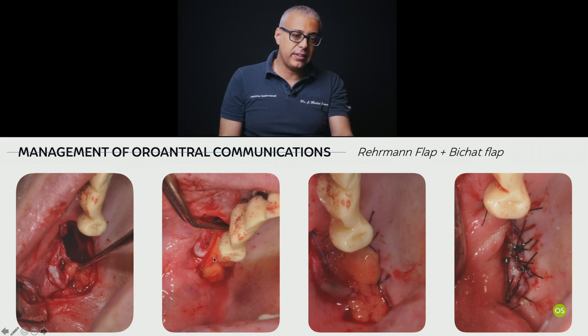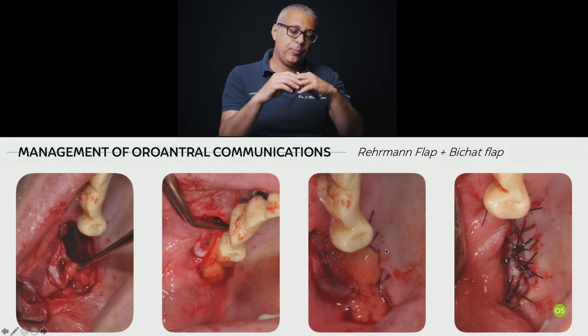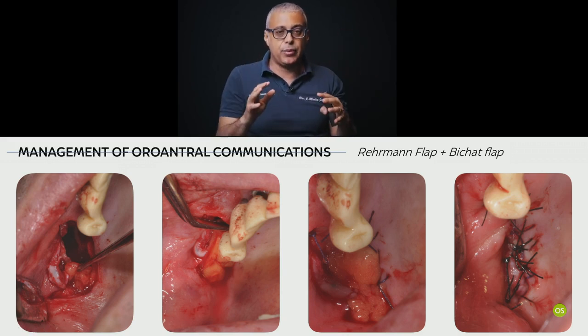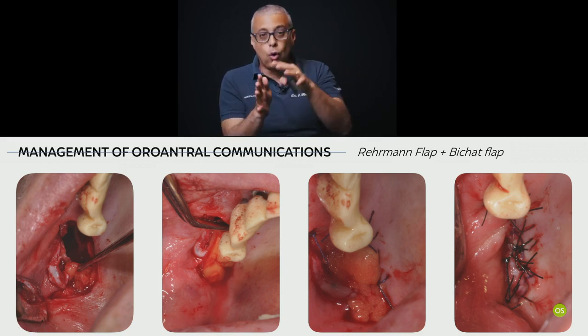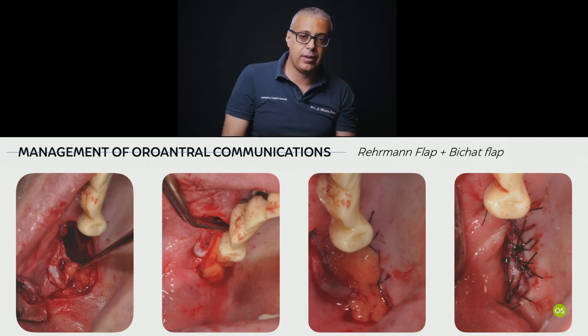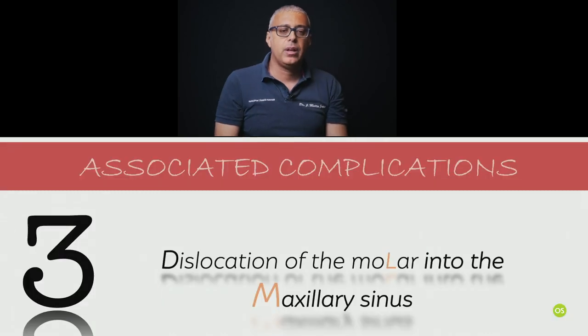We see here that the fatty pad is elongated in order to be sutured on the palatal aspect, and then after releasing the periosteum, we can elongate the primary flap in order to close it as a second sheet over the underlying fatty pad flap.